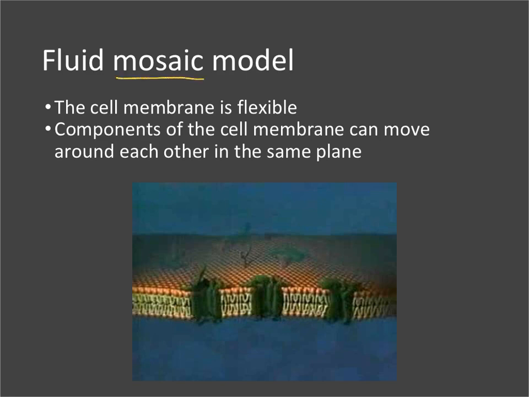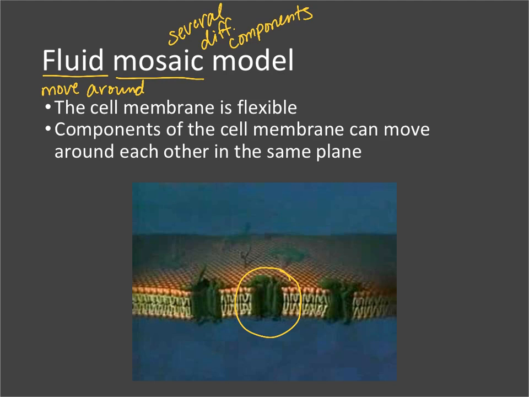So a mosaic means that it's made up of a lot of different things, so several different components. And the fluid part means that those components can move around. So the cell membrane is flexible, and even within the phospholipid bilayer, things like these proteins can move around. So they're not stuck in one general location.